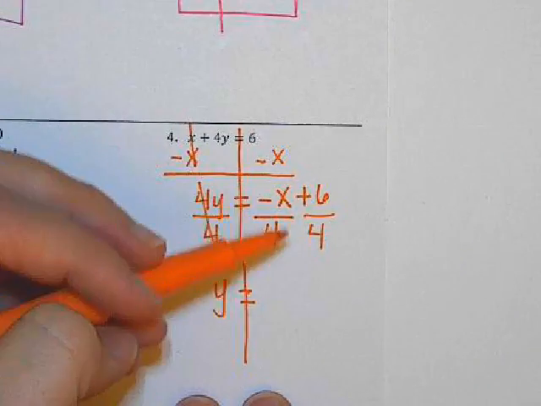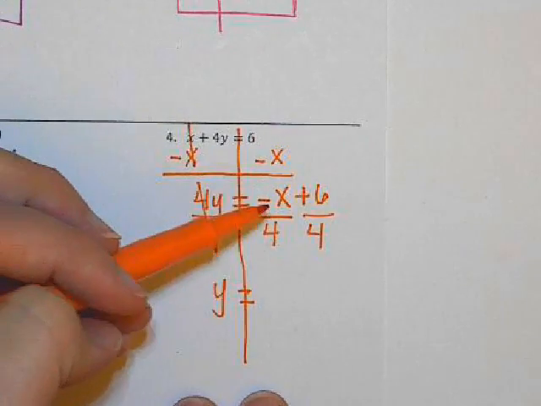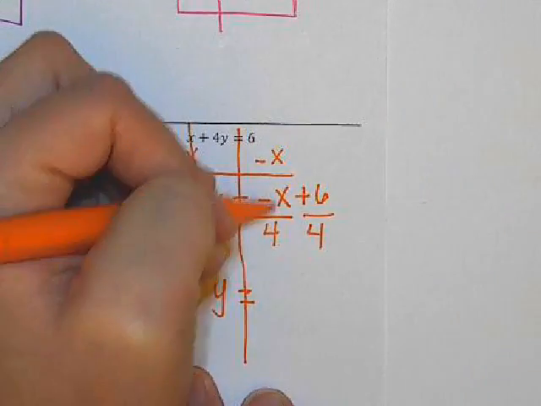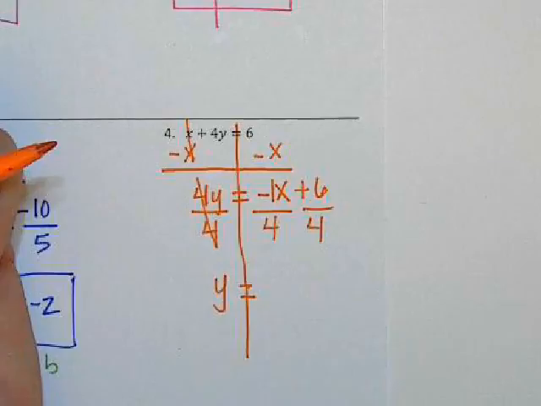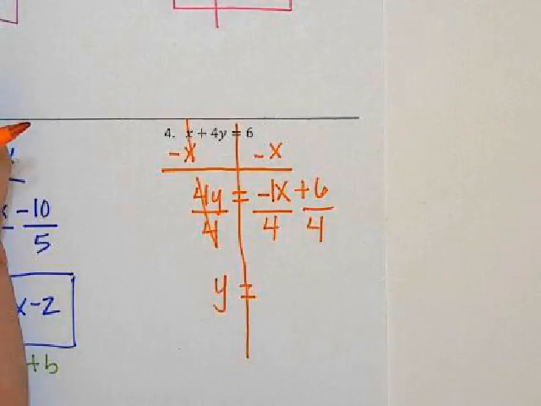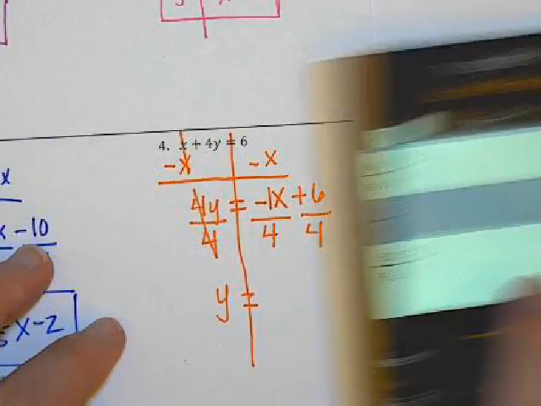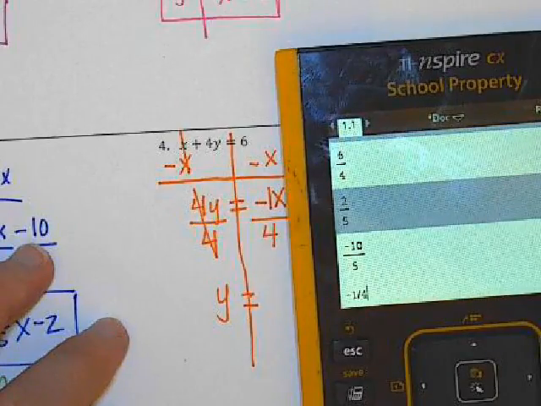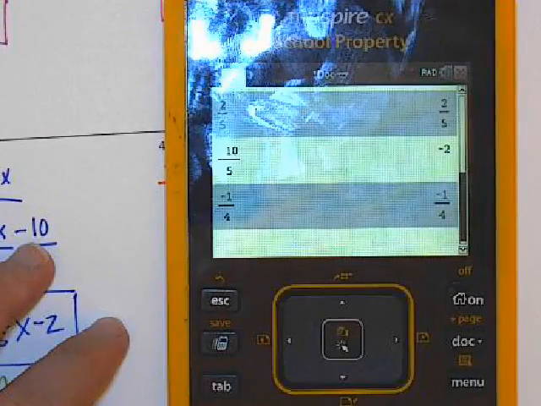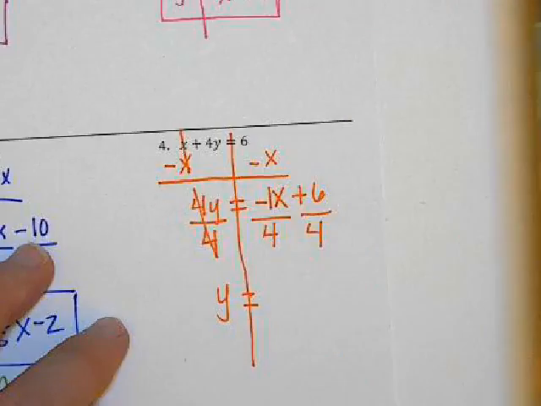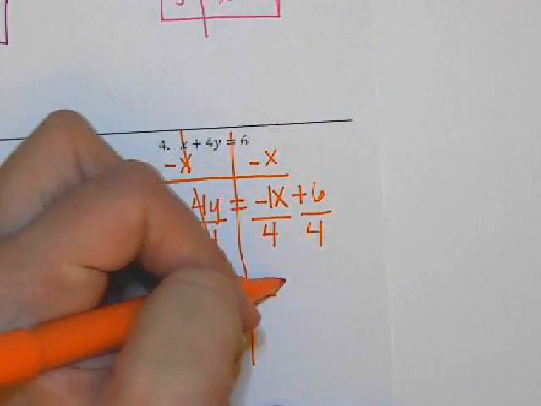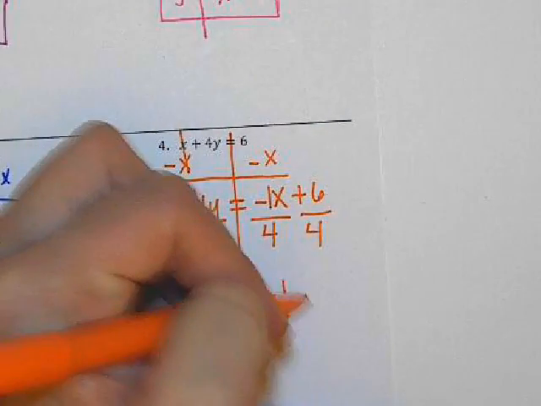Okay, now look here. This is different. What number is in front of the x? A negative 1. Negative 1 divided by 4 gives me negative 1 over 4. It's a fraction, so we're going to keep it as a fraction. Negative 1 over 4, and then I write the x after.